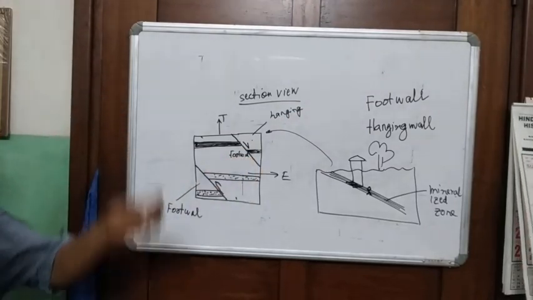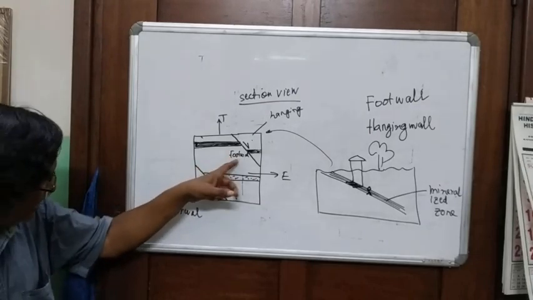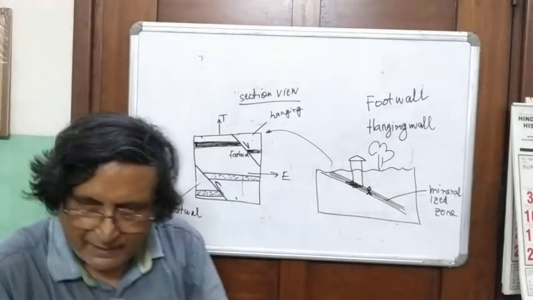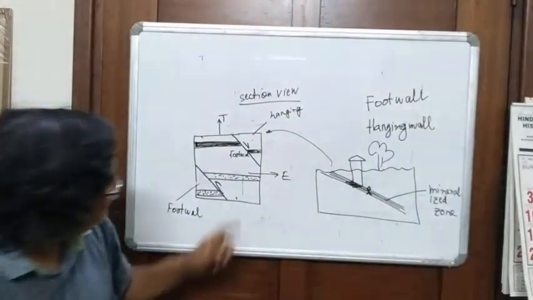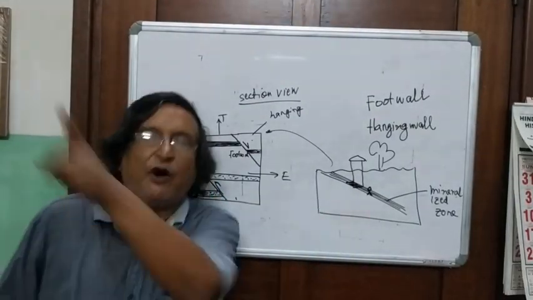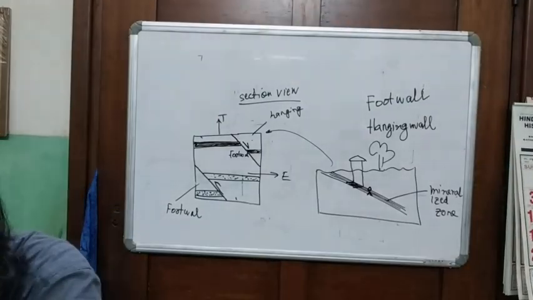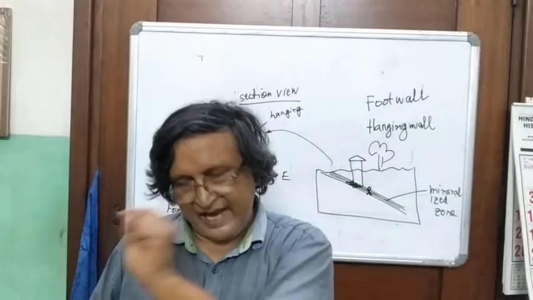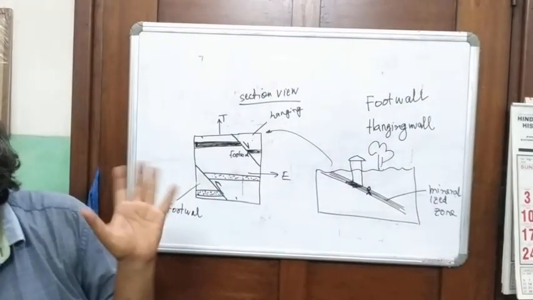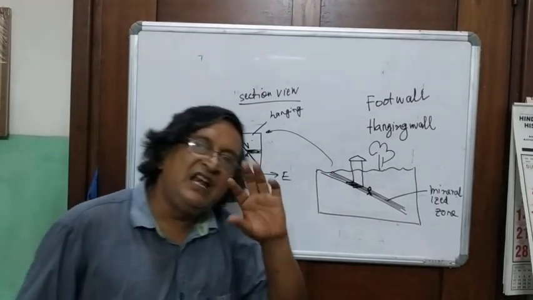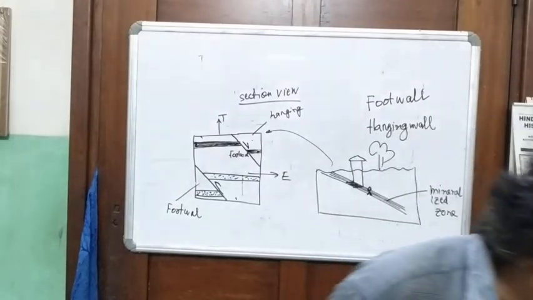Now you can say, how is this, sir? You are saying this is footwall, then this is hanging wall. How did the footwall become a hanging wall? No. It's not like that. It is like, with reference to a fault, in that zone, you have a footwall and a hanging wall. It's not that you have a footwall right from here to here. No, it doesn't happen that way. It's always relative to the neighboring areas of a fault.